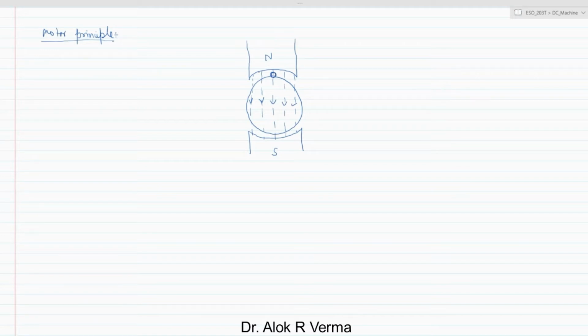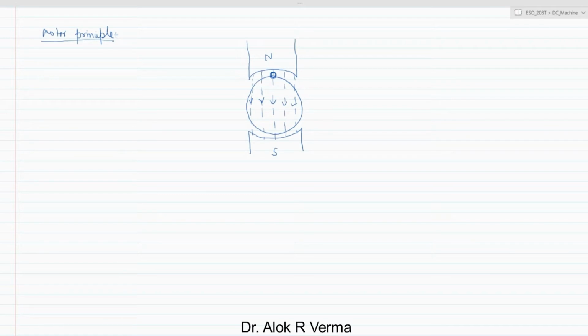So a conductor carrying a current, which is being supplied by the DC voltage, is placed in the magnetic field. Therefore a force is produced on it, and the effect of placing a current carrying conductor in a magnetic field, as shown here, gives a force according to the left hand rule.